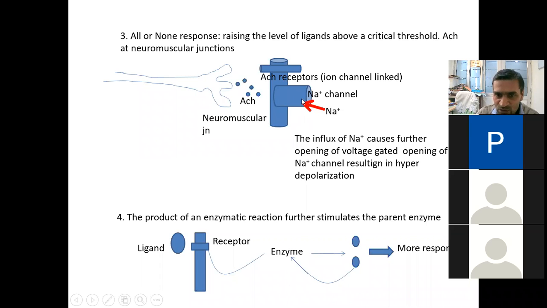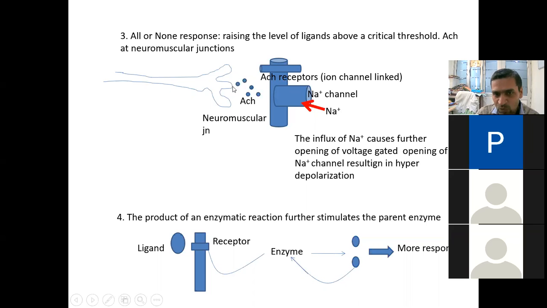When sodium ions enter into these cells, there is a change in the voltage also. So other channels are there which are voltage dependent. Those channels also open up. So what will happen?